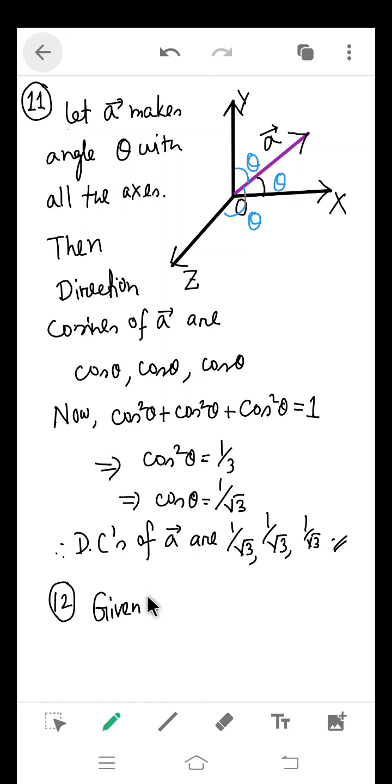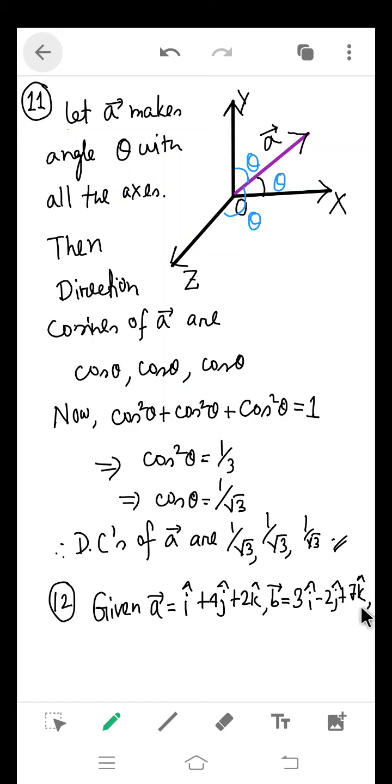First, vector A is given as i plus 4j plus 2k, and vector B is given as 3i minus 2j plus 7k.